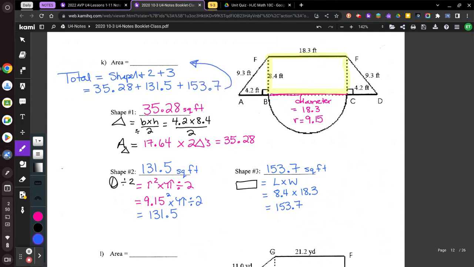And that's our total area, which is going to be 320.5 squared feet.